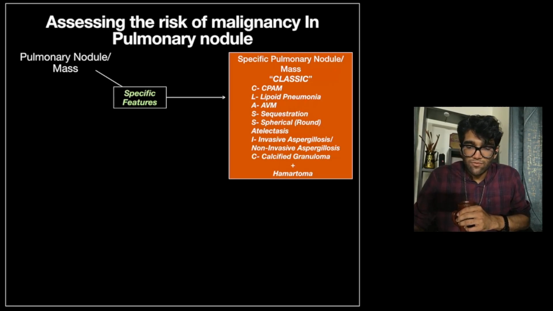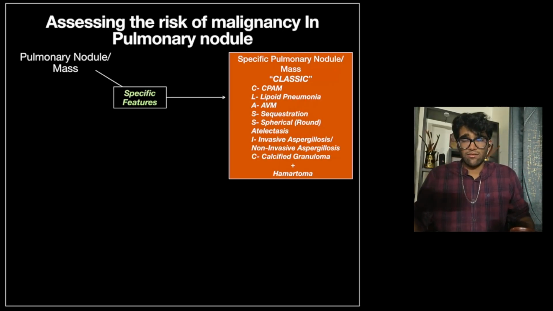C stands for congenital pulmonary alveolar malformation. So it's a finding that you would find incidentally usually. L stands for lipoid pneumonia, which we'll come to as a cause of consolidation. The lipid would produce very characteristic decreased attenuation compared to a normal consolidation. A stands for AV malformations.